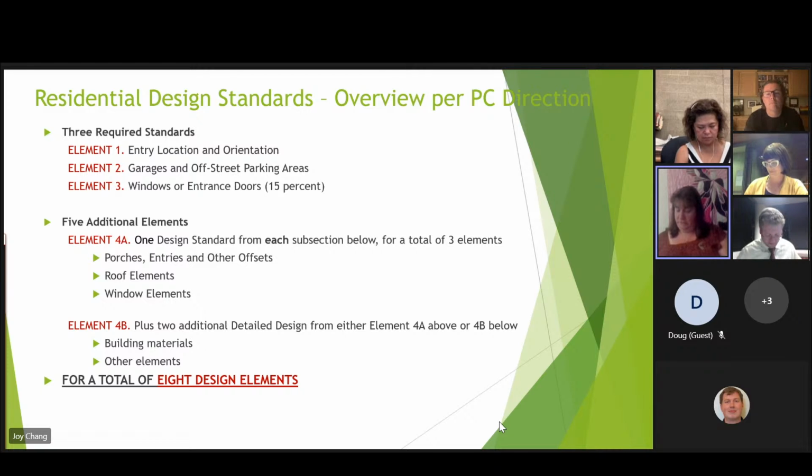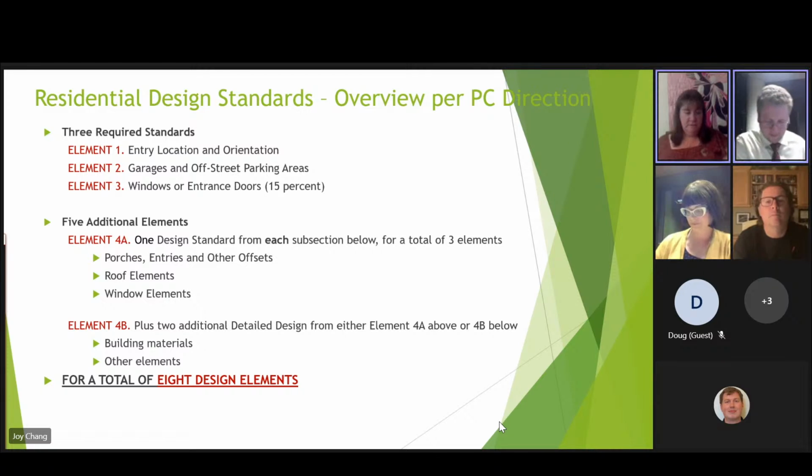Sorry, page 45. I just kept flipping because this is the thing we kept looking at where they were saying 15% window coverage, but if you measure this out, that is significantly more than 15%, and so it's just deceptive in what it is. Yeah, but we're going to change that now anyway.